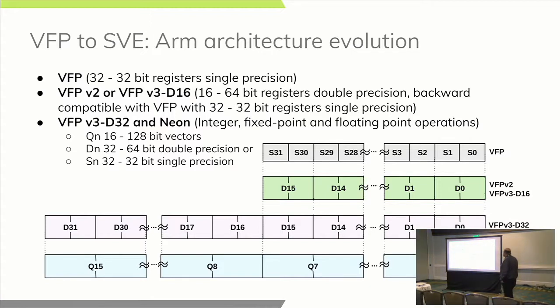So moving on to VFP v3, we got 32 double precision registers, or Neon, where we got 16 vector registers of 128 bits each.